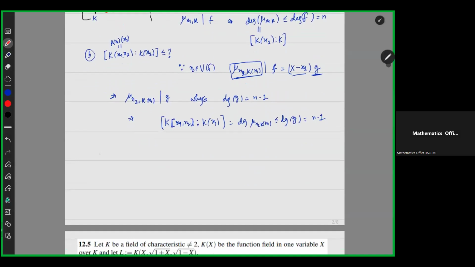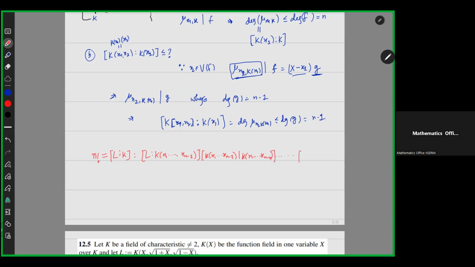Writing this way, n factorial, which is equal to [L:K], and writing [L:K(x1, x2, ..., x_{n-3})] into [K(x1, ..., x_{n-3}):K(x1, ..., x_{n-4})], and so on, writing this way.